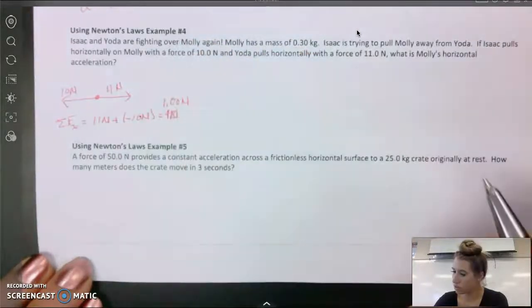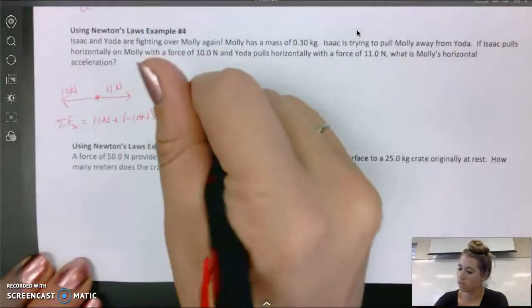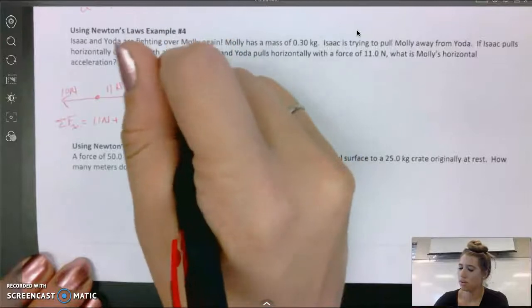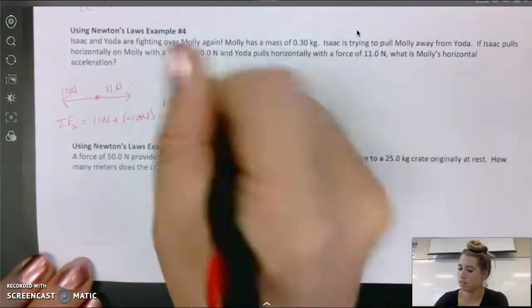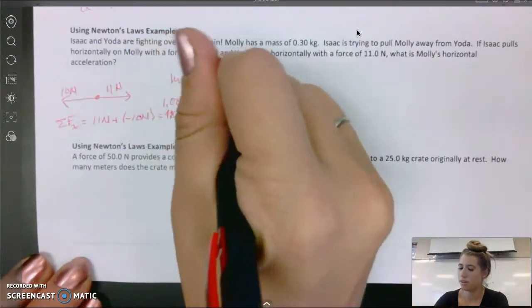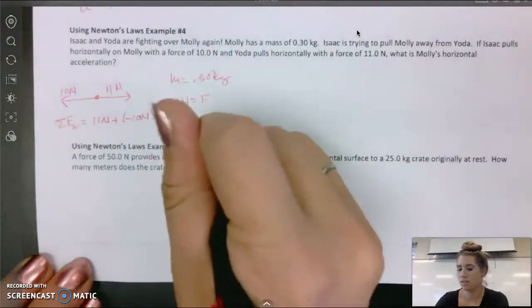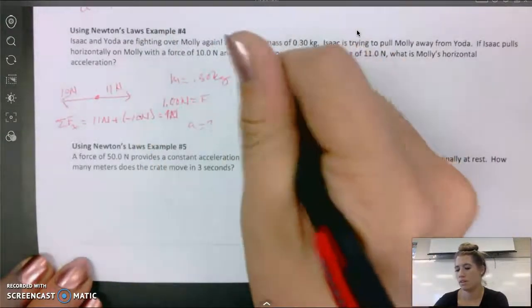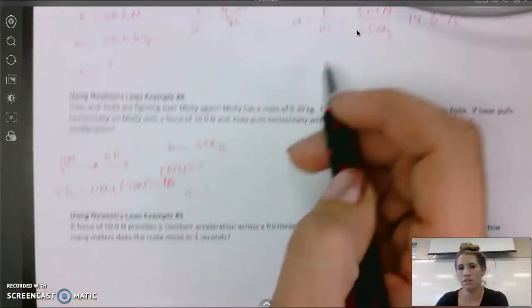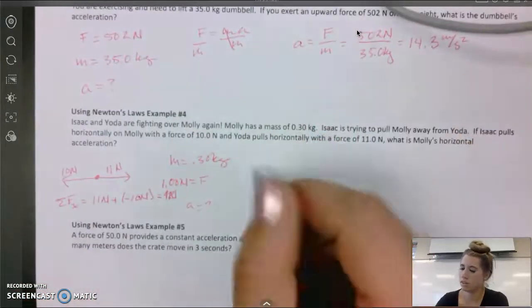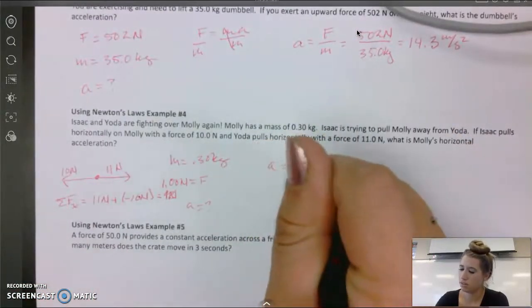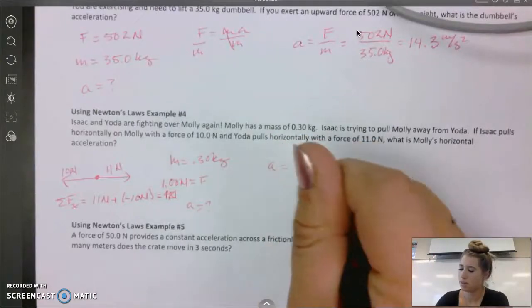Now, we know the force. We know the mass, 0.30 kilograms. We want to know the acceleration. So we have already rearranged this equation to solve for acceleration. So acceleration is equal to force divided by mass.